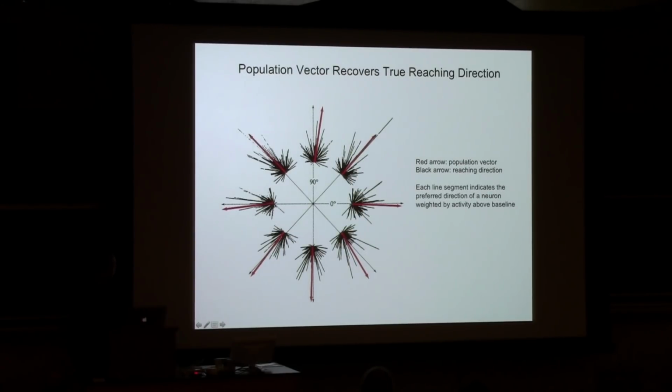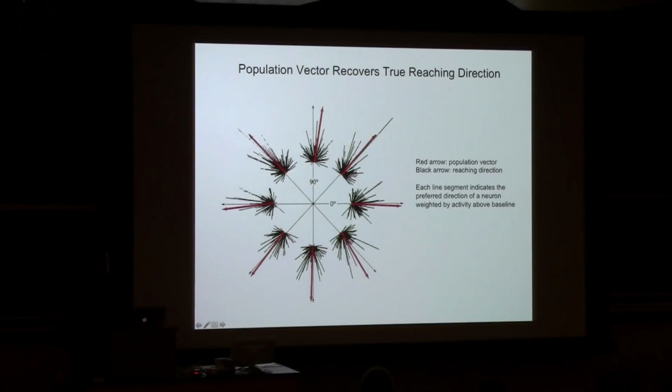For example, for this neuron, you plot the curve, so its preferred direction is like this. In this diagram, it's still the same neuron, same preferred direction, but it's weighted by the activity, just as we said before, right? So if you reach in this direction, this neuron has a very long vector. If you reach in the opposite direction, the neuron's contribution actually becomes negative, right?